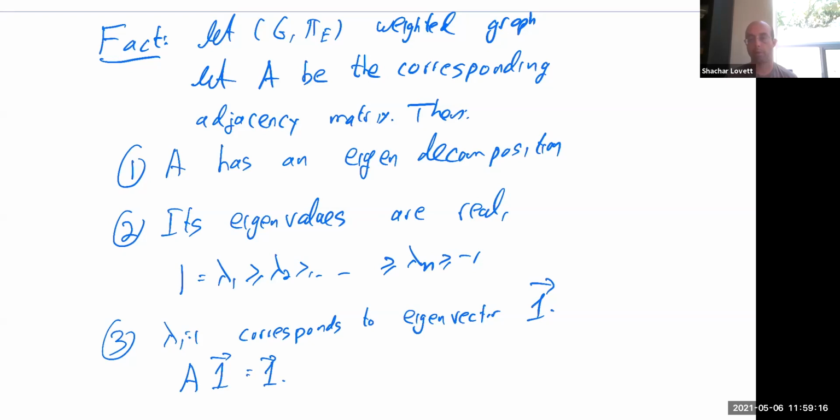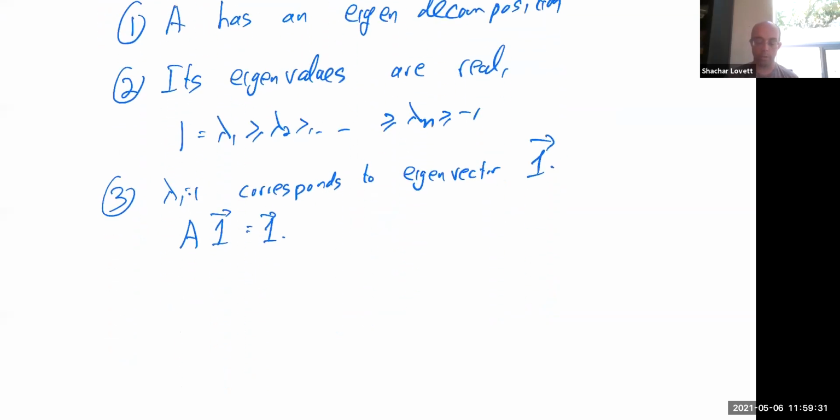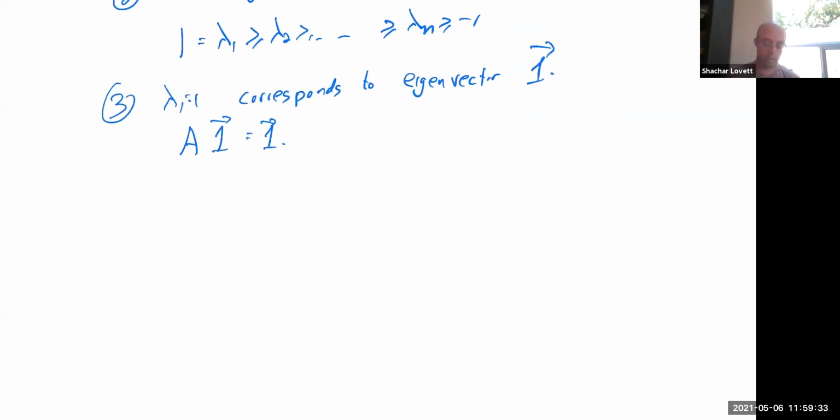So it's the transpose of what we did before. Again, I'm not going to prove this fact. It's just a basic fact in linear algebra. If you want to test your knowledge, you can try and prove it. But we can use this to define expanders.